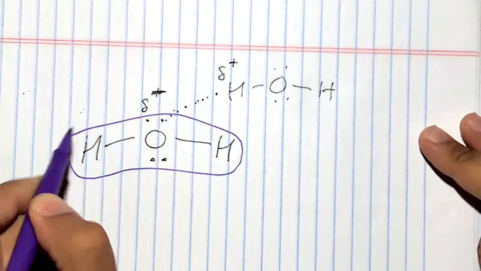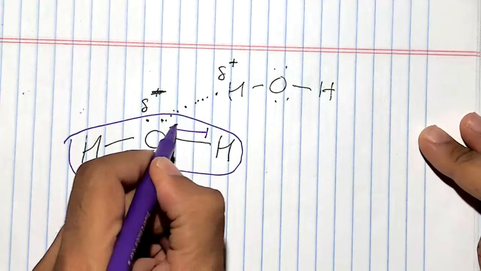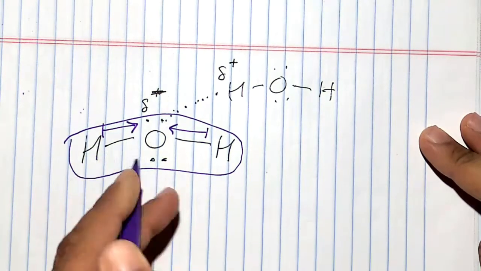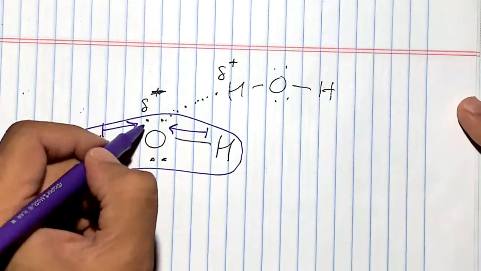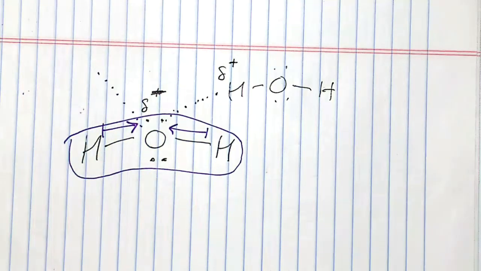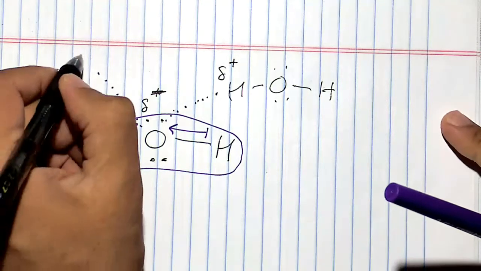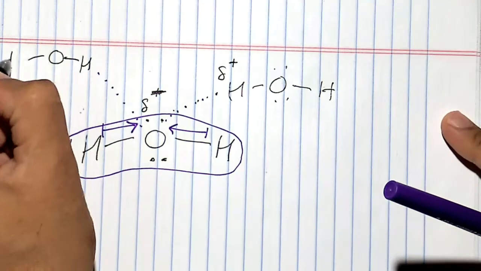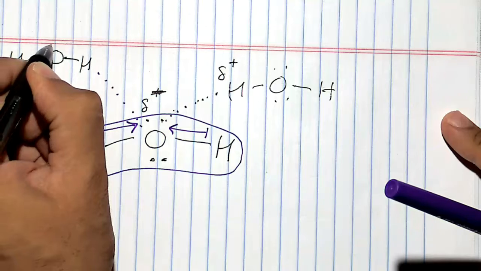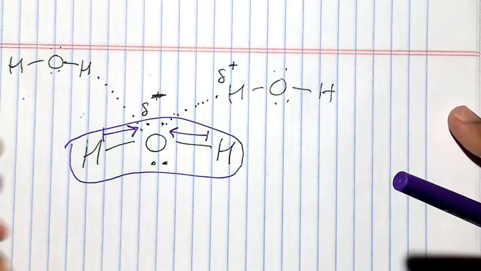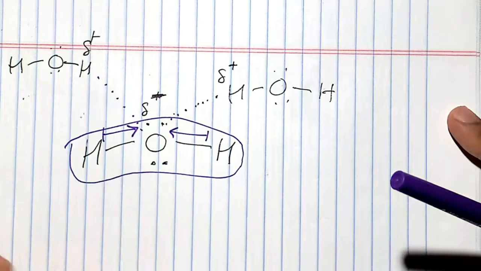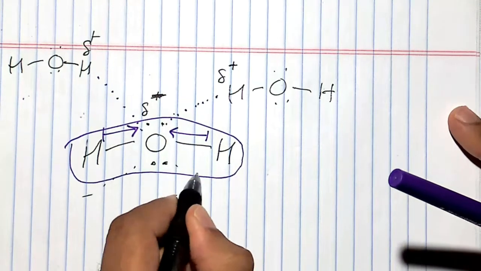So if we focus on this water molecule here, all the electron density is focused on the oxygen, giving it a partial negative characteristic. That partial negative characteristic can interact with the partial positive characteristic of another water molecule. This is the basis for water interacting and hydrogen bonding to another molecule of itself.